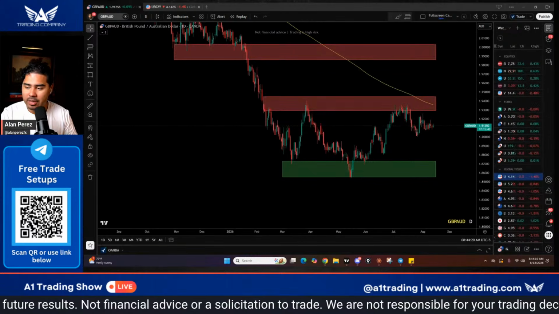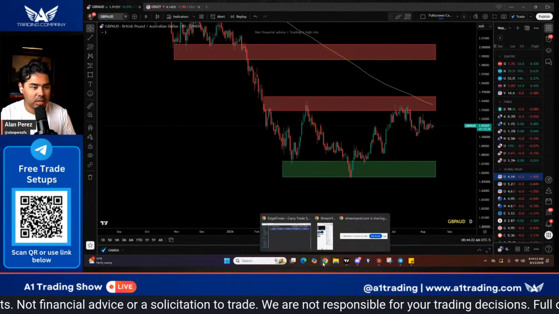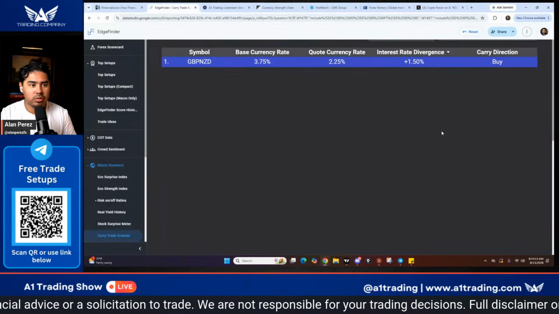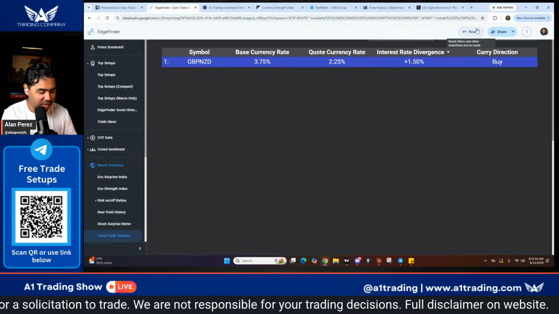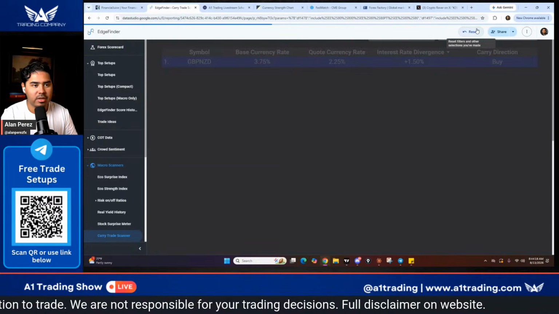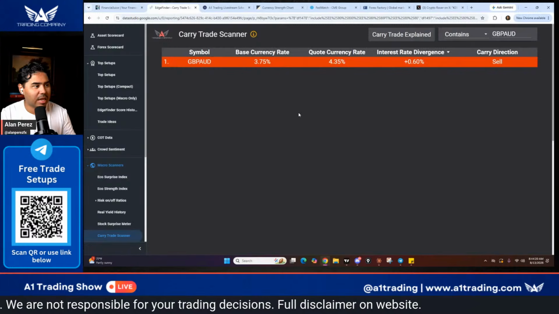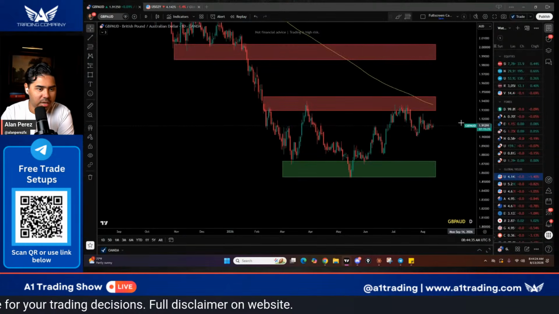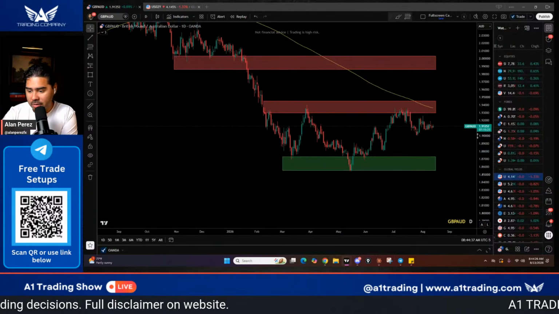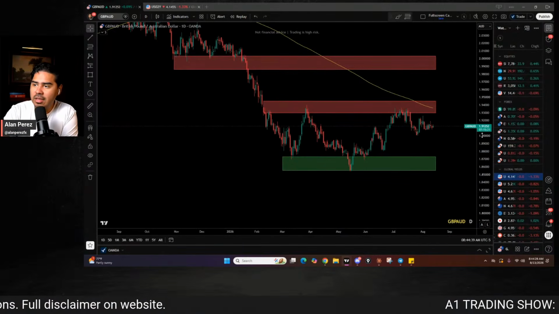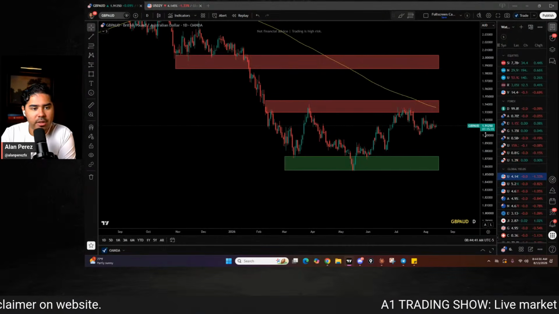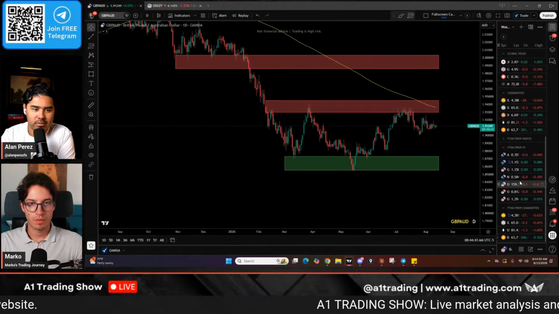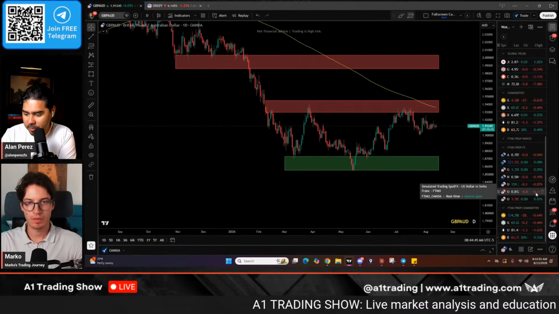But let me look at the swaps on pound Aussie. Yeah, so I just may take a boring approach. It may not be something that you guys would like to see commentary on. With pound Aussie, I'll have negative swaps if I take this to the buy side. So I don't know, just tricky. We've been saying this, but there's better opportunity out there. Metals is going to be it.